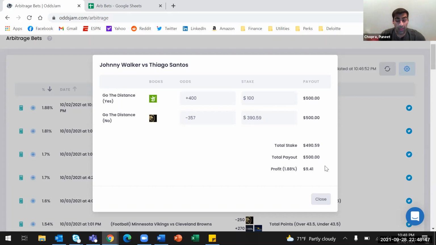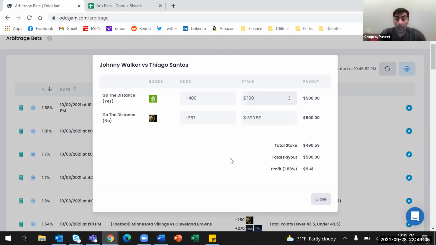Regardless of the outcome, whether it goes the distance or it doesn't, you're going to be profiting 1.8%, which is $9.41. So you're basically lending out $500 for a couple hours, and then you make $10 for it. Now, this is the fun stuff.